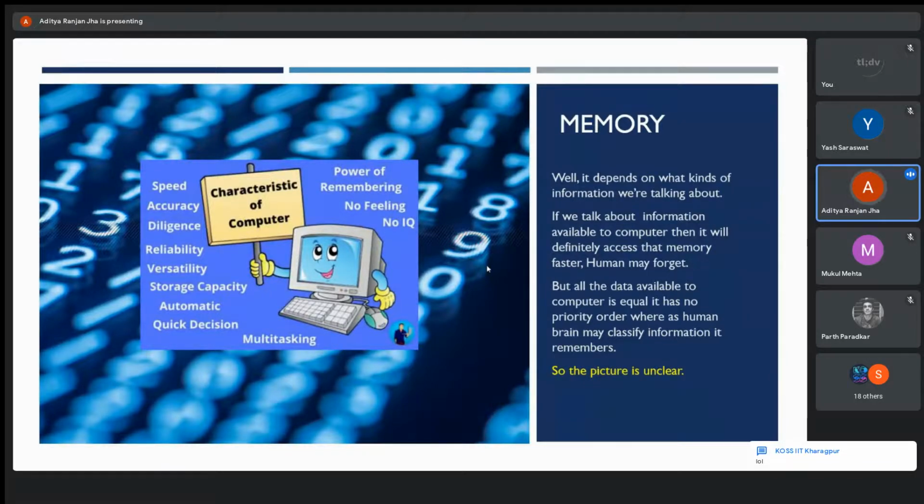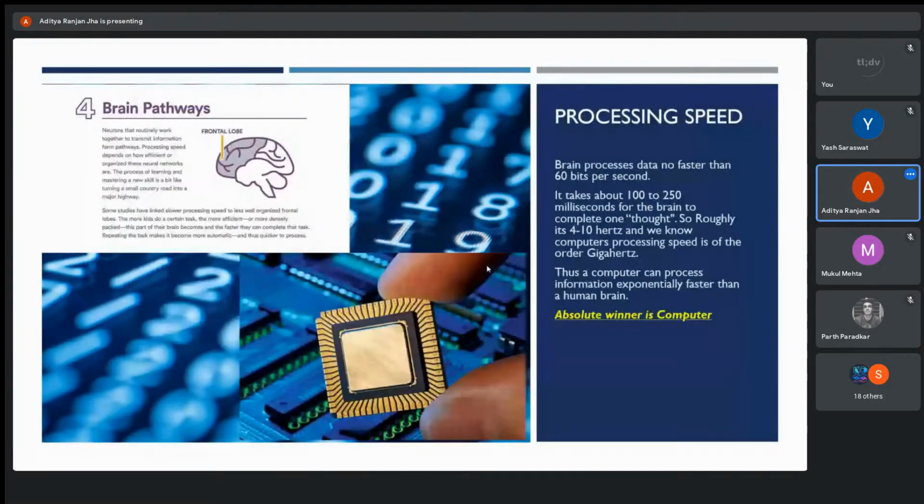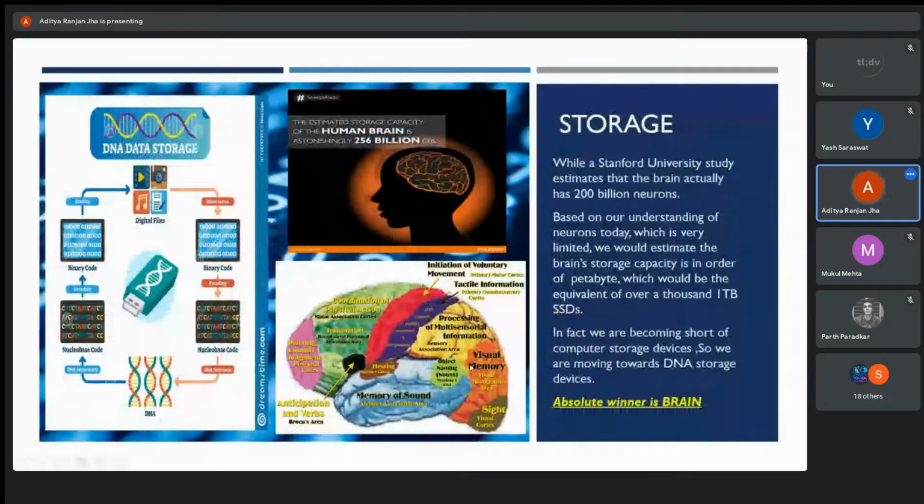And talking about your brain, it may classify that information. In one of the images that I showed back, I showed that there are different parts of the brain that store different types of information, and I'll show that image again.